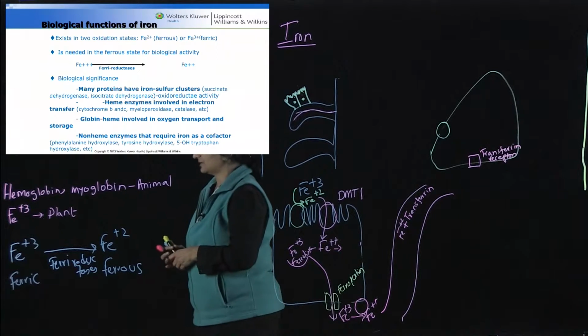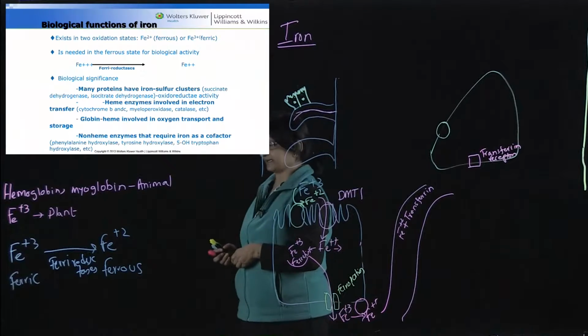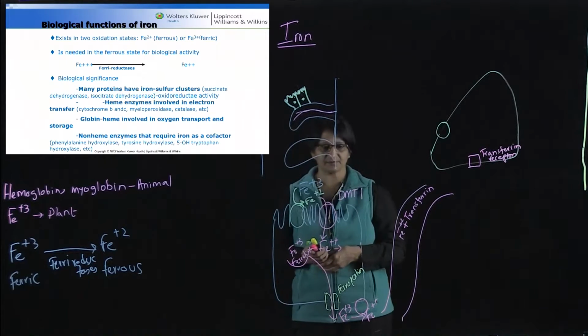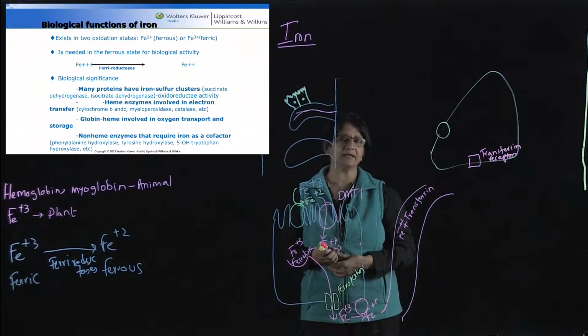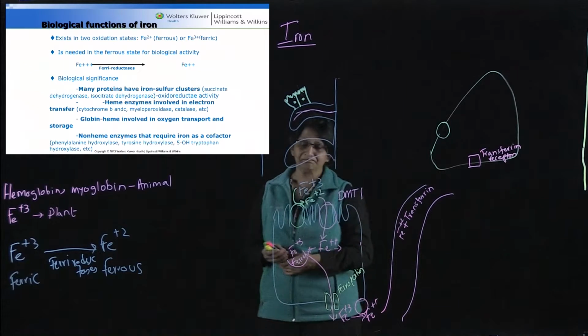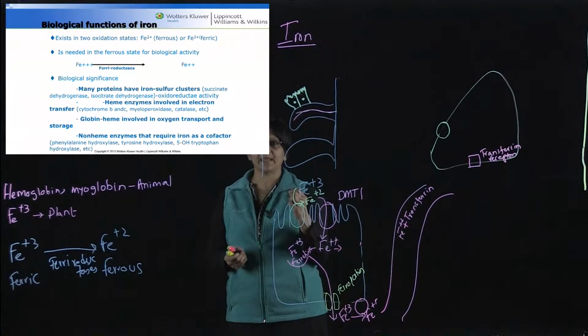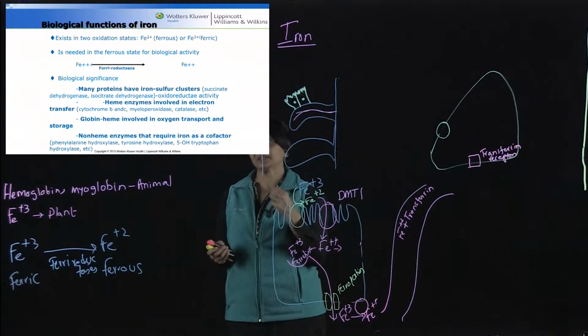So if you are looking at the biological significance, or what the functions of iron are, then iron participates in a wide variety of biochemical reactions, but it is used in different forms.